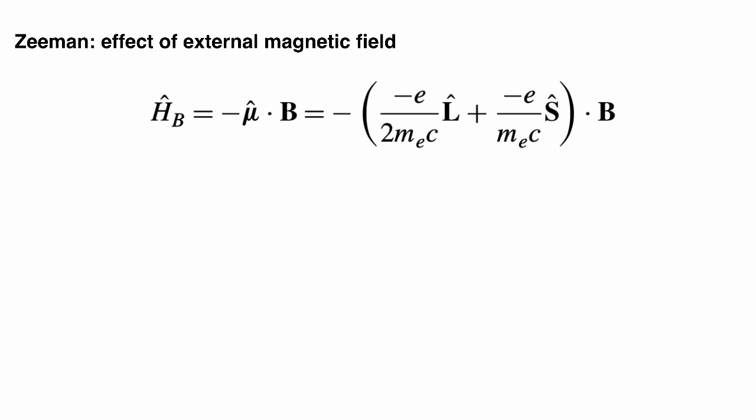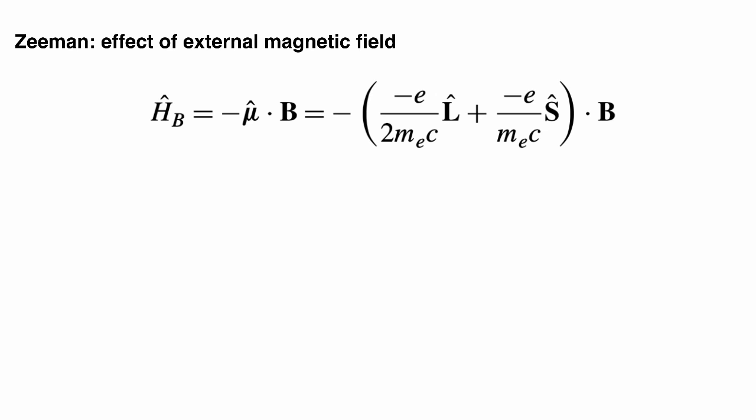The effect of an external magnetic field is like this. You have to remember that the interaction between an external magnetic field B and a magnetic moment mu is given by minus mu dot B. Now the point is that the total magnetic moment of the hydrogen atom has two parts. It has a part related to the orbital angular momentum, and another related to the spin angular momentum.